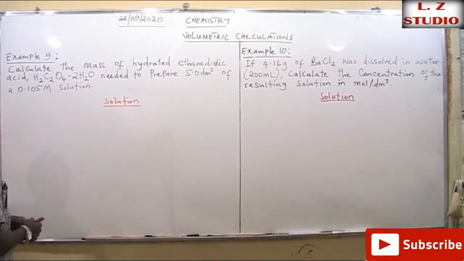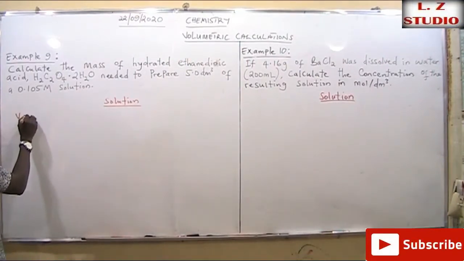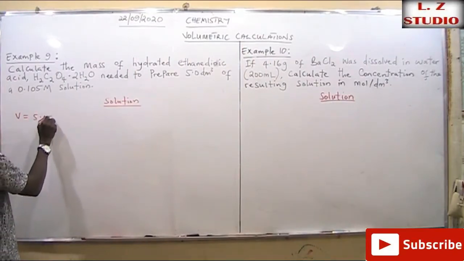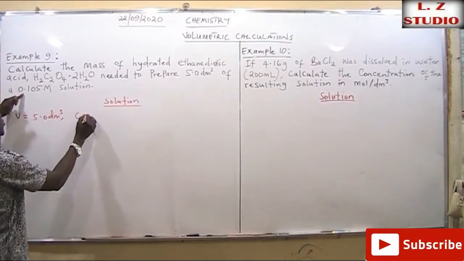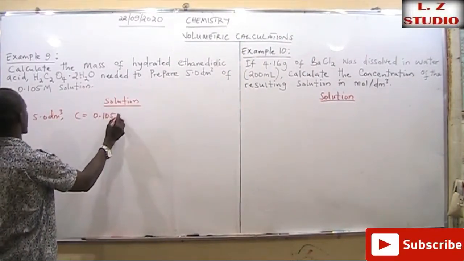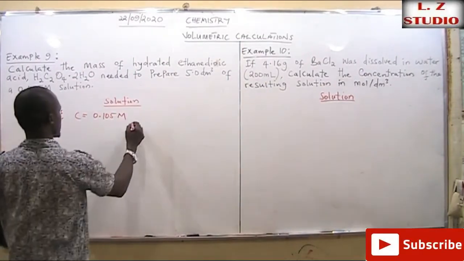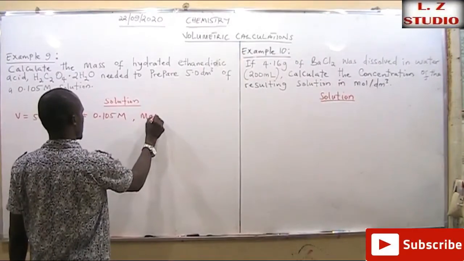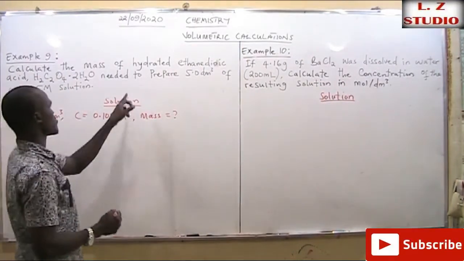We have volume given as 5.0 dm cube, we have concentration given, which is 0.105 molar, and we are asked to calculate the mass. Can you see that? Mass is what we are to calculate of this particular chemical substance.